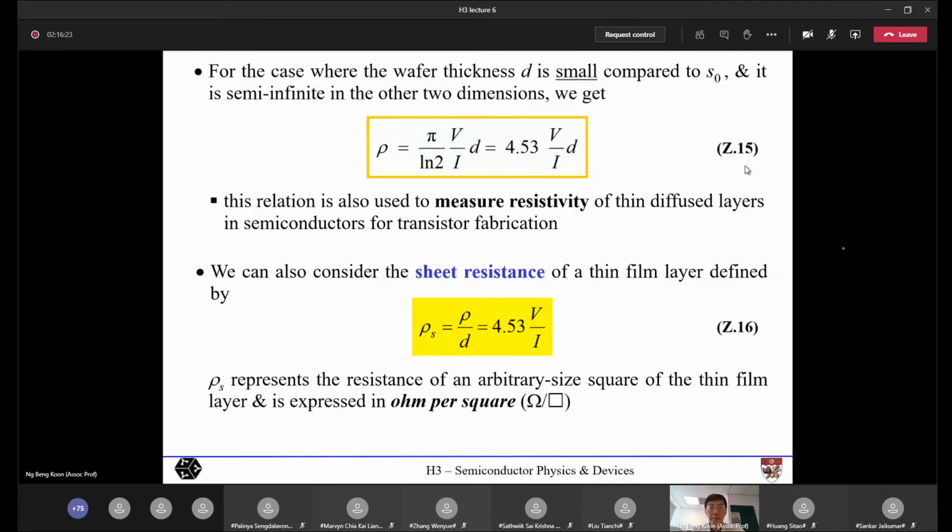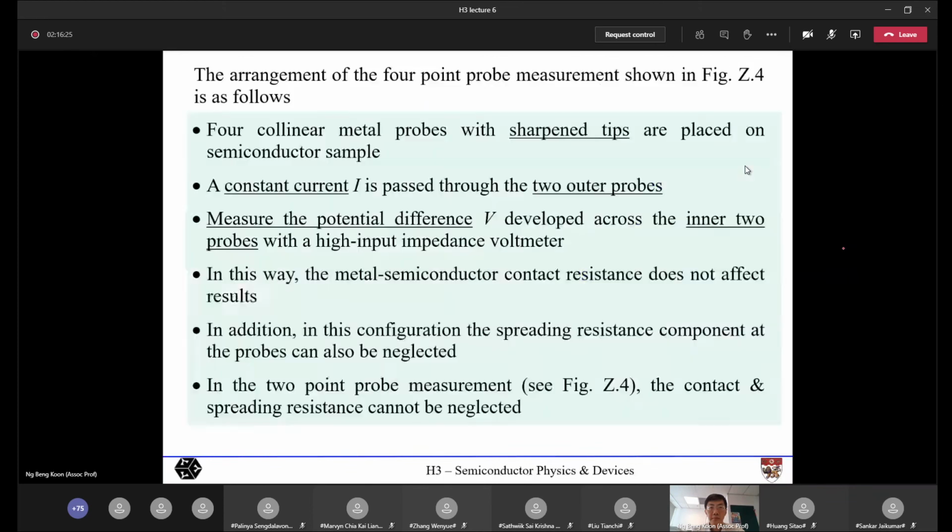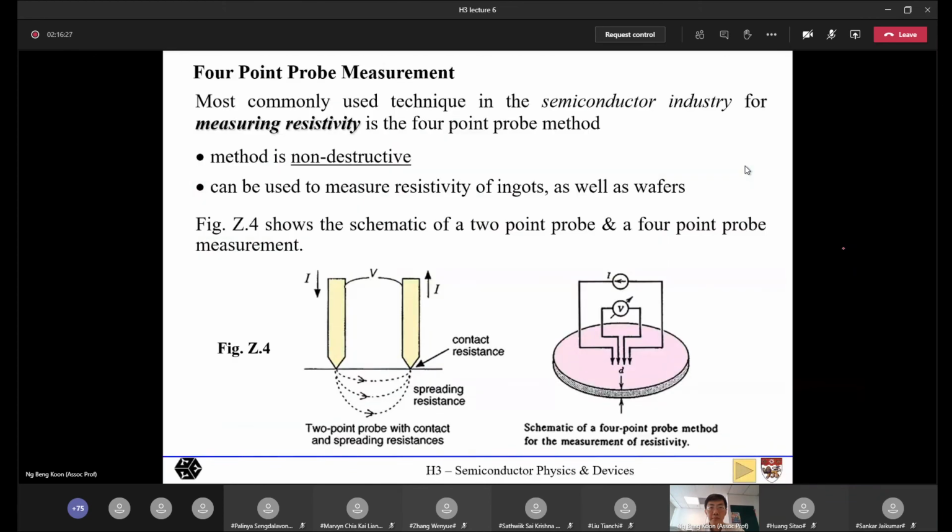This effectively applies a voltage, then you have current flow, so what you're measuring here is the drift current. If you can find the resistivity and the concentration, you can also find the mobility, because you know the voltage and the current flowing.